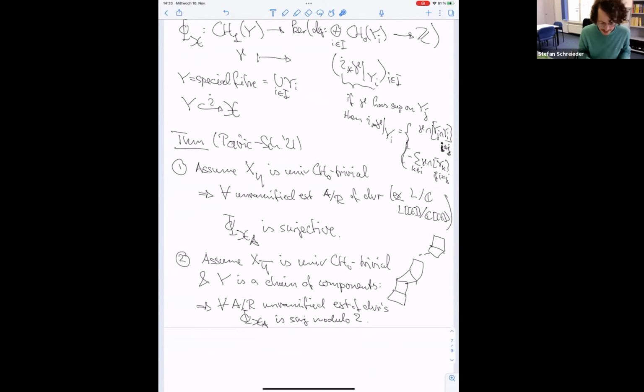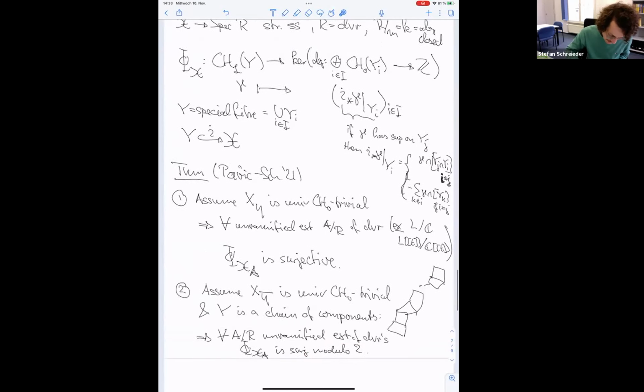The 2 has an advantage because if I write down one model with very few components in the special fiber, this map here is easy to compute. I have few components. Nonetheless, I can make an assertion about what happens on the geometric generic fiber. So what happens about base change. The price I have to pay is that I only get surjectivity modulo 2 and not surjectivity on the nose.